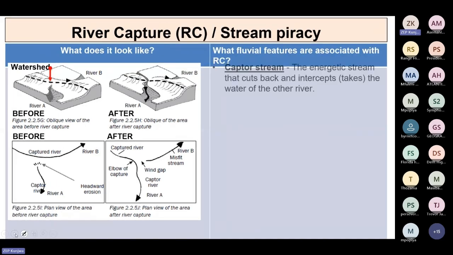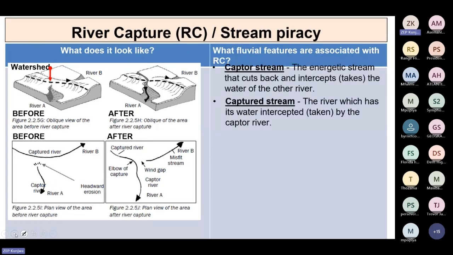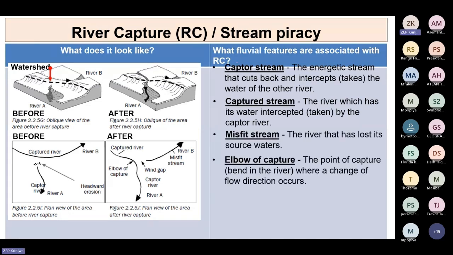Okay, now let us get to the capture stream. As I said, it's a more energetic stream which intercepts and takes the water from another river. And then the captured is a river which water is taken from.